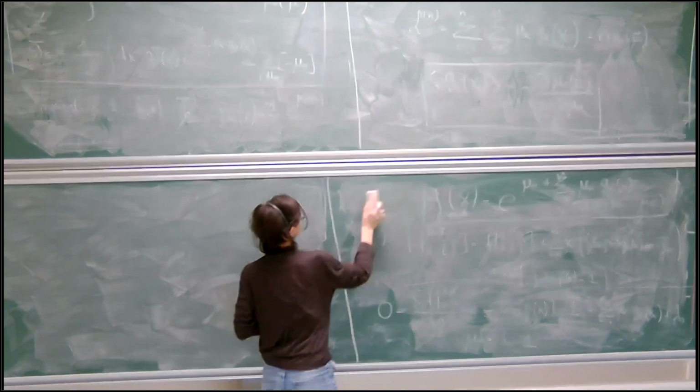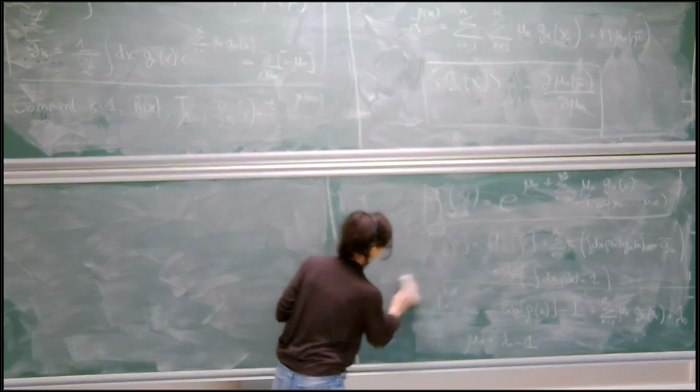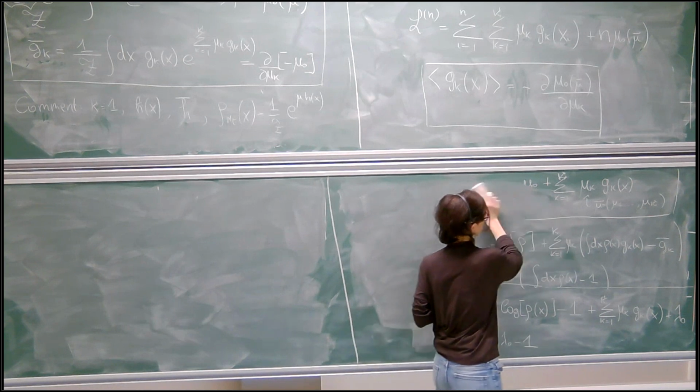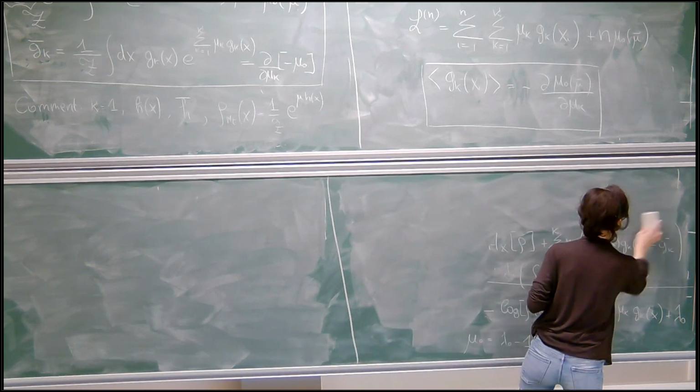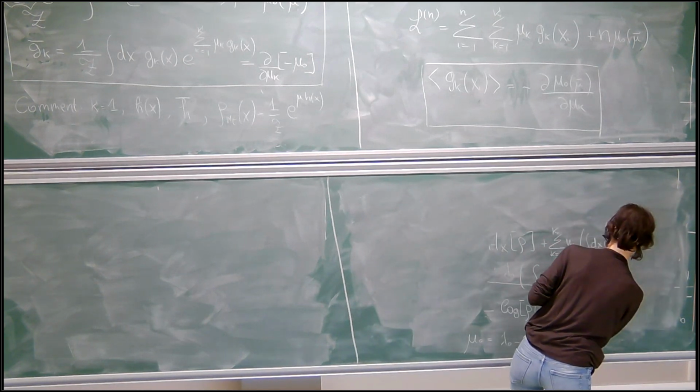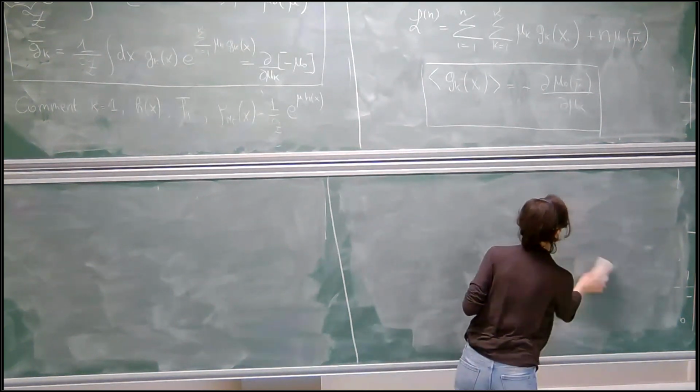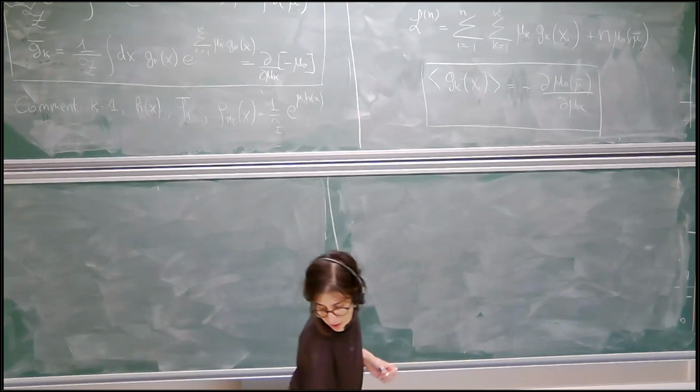And this final comment is to give a little bit of perspective and connect with some of the things that will be discussed at the end of the course. And it is about correlations.